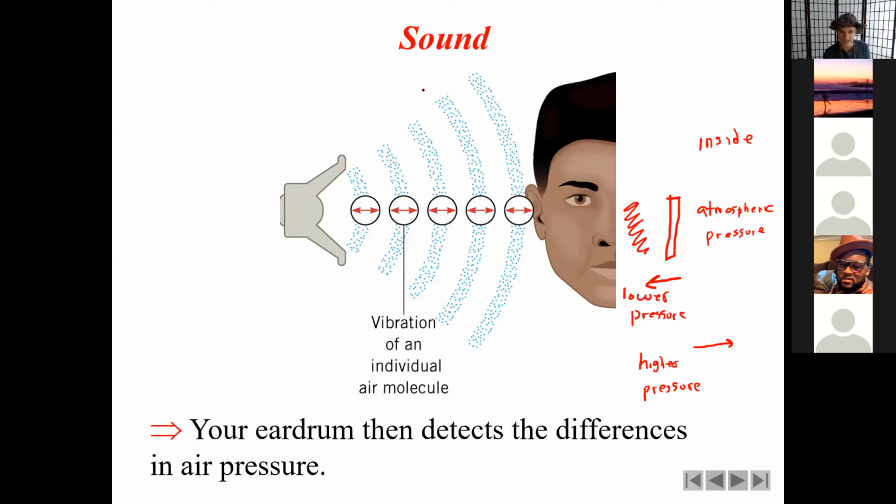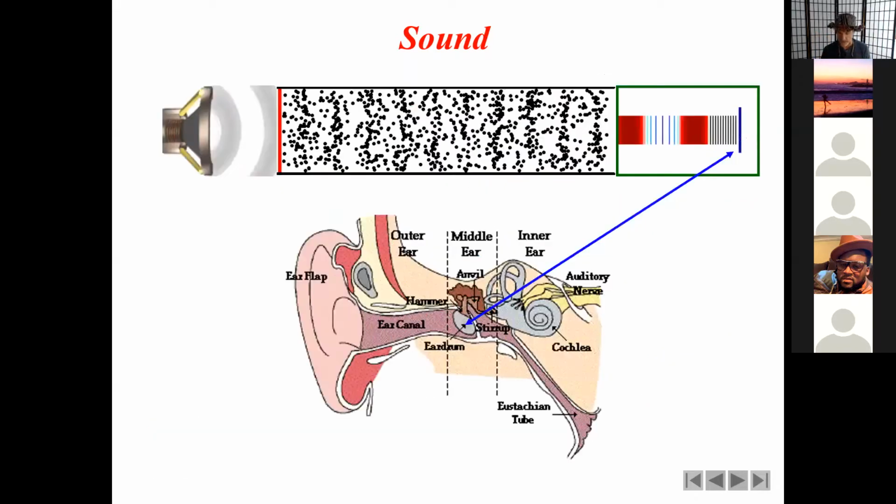So as these little differences in air pressure reach your ear, that's going to cause your eardrum to oscillate back and forth, depending upon whether the pressure outside your ear is greater than or less than the pressure inside. Well, the frequency that your eardrum moves back and forth is going to be the same as the frequency of the sound wave in the air.